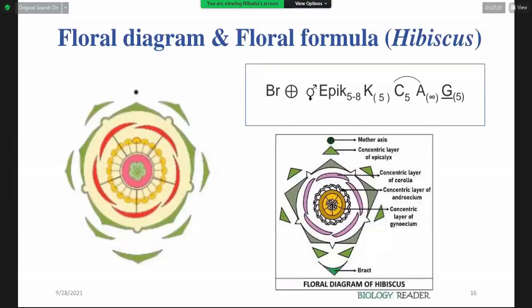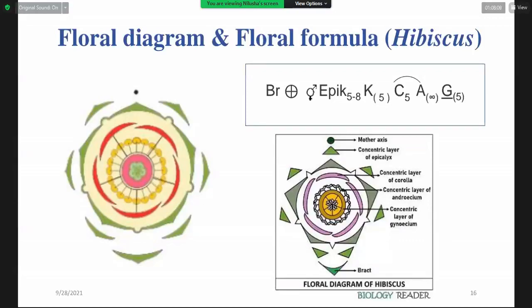Next one is the epicalyx. I told you that in this Malvaceae family they have 5 to 8 epicalyx lobes in their flower, next to the bracts. Here there are 5 epicalyx lobes, because the epicalyx is not in fused condition.